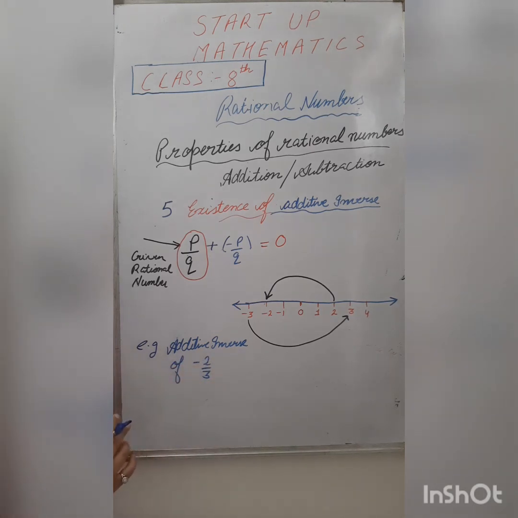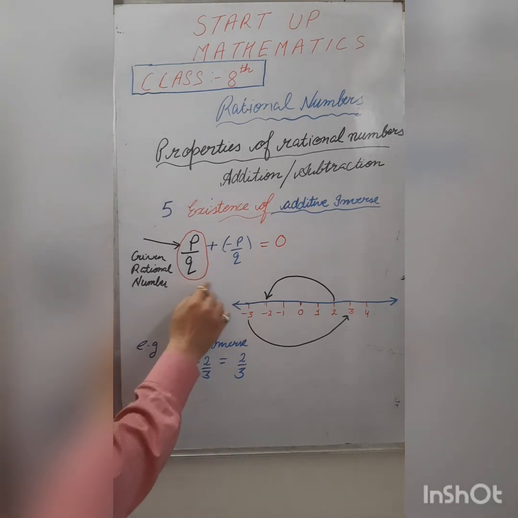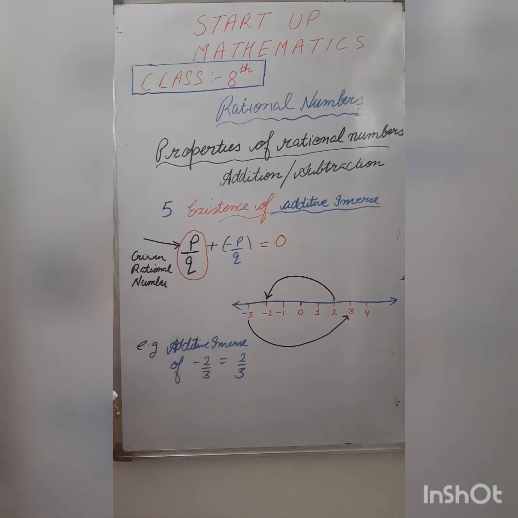It's a negative number, reverse its sign, and you will get positive 2 by 3. So you can add the opposite of a number to a given number so that the sum is 0.